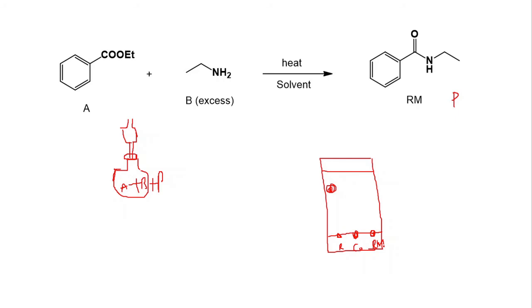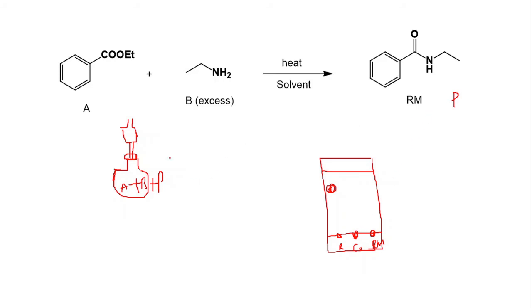I have written RM, reaction mixture, CO and reactant. Reactant has come here, it gives only one spot because it is pure reactant. The second reactant, as I already told you, you don't have to spot because it is already in excess and all the time it shows a spot. So how will you put the CO?